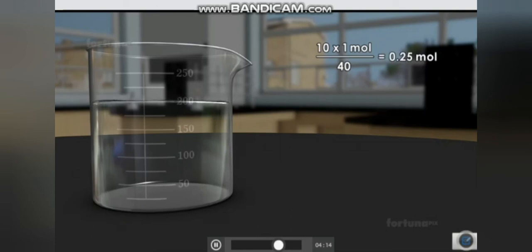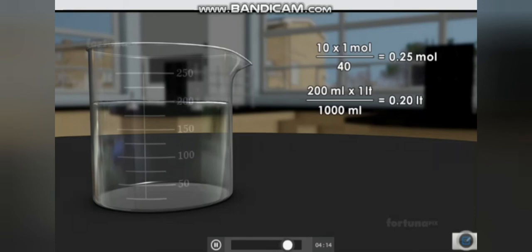Next, we need to calculate the number of liters of the solution. We already know that we have 200 ml of solution, but we need it in terms of liters. So, 200 multiplied by 1 liter of water divided by 1000 ml will give us 0.20 liters of the solution. Finally, we have to divide the number of moles of solute by the number of liters of solution.